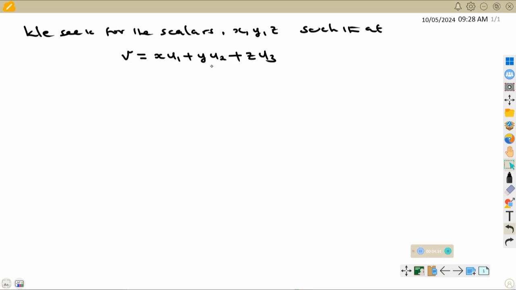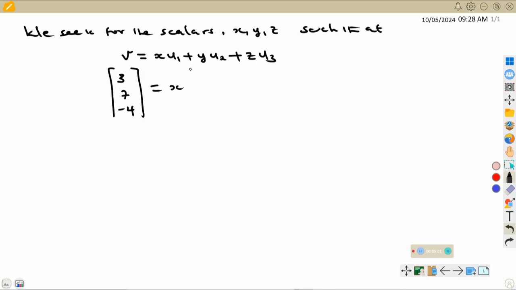So we want to get the value of x, y, and z. After that, we shall have shown that v can be expressed as a linear combination of u1, u2, and u3. From here, we are given v. I will write it in column form. We are given v as 3, 7, and -4.